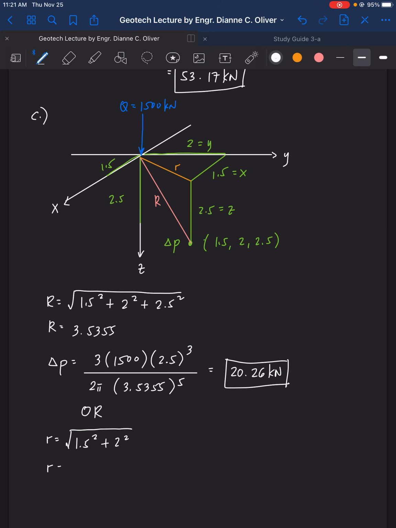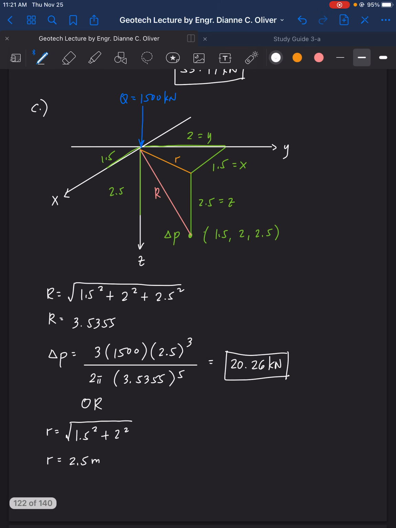So small r is 2.5 meters, and then r divided by Z of 2.5, so that is 2.5 divided by 2.5, that is equal to 1.